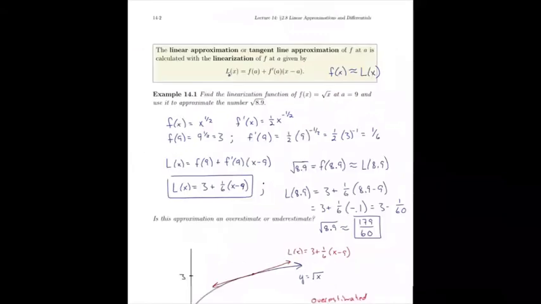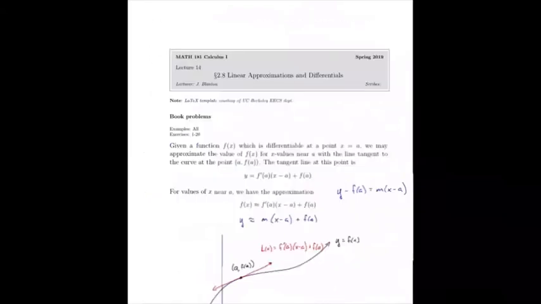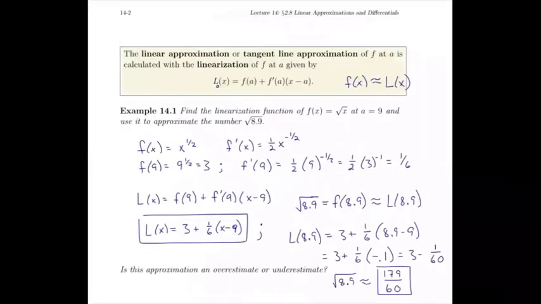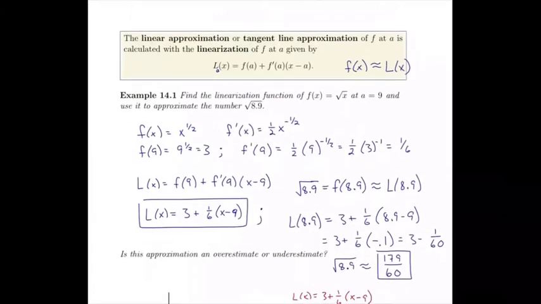Okay, so let's actually use this. This first example says find the linearization function of f of x equals root x at a equals 9. Then use it to approximate the number root 8.9. So at the start, we see the setup of it all, right? This isn't necessary to do before you start one of these problems, but you can see what the goal is.